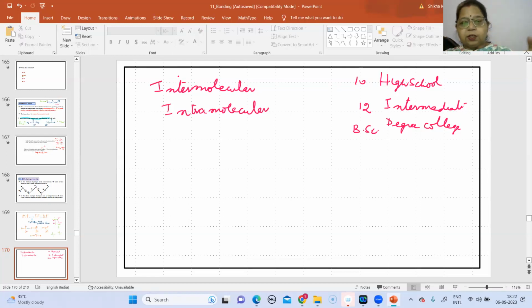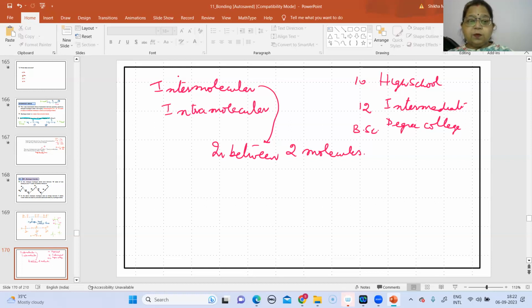Similarly, intermolecular. Now, can anybody give me the meaning of intermolecular? I will take a clue from there and I'll say it is in between two molecules. Intramolecular means within the same molecule.